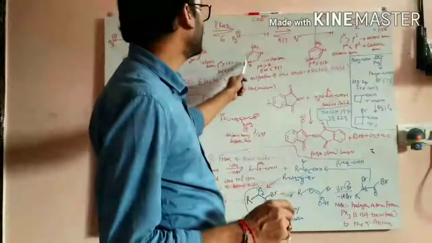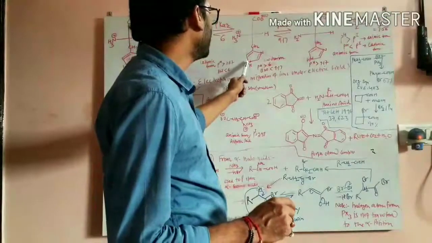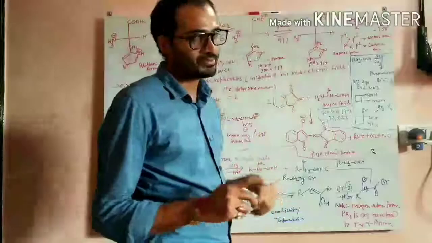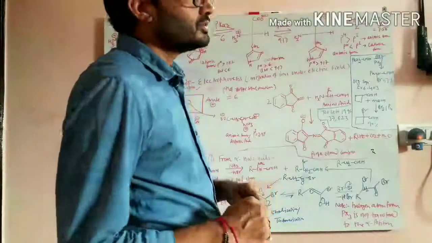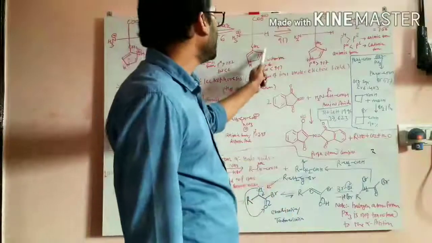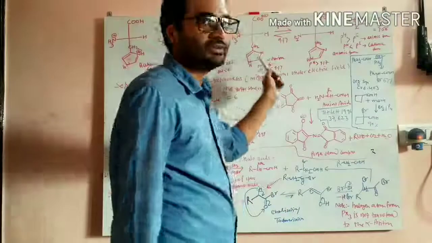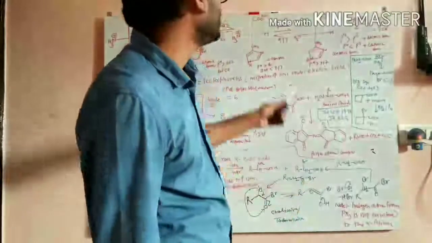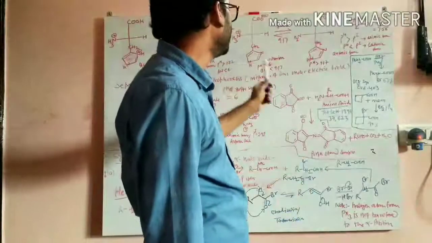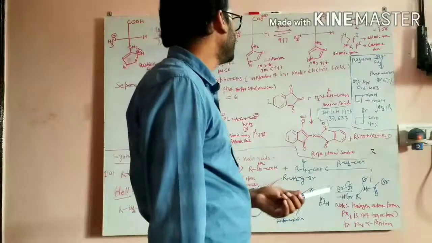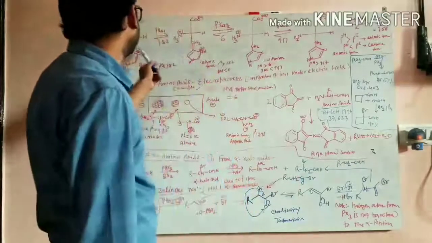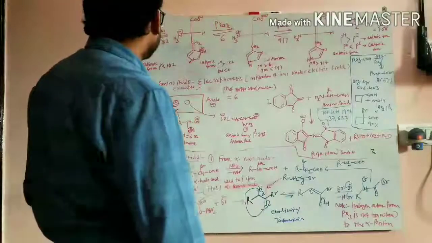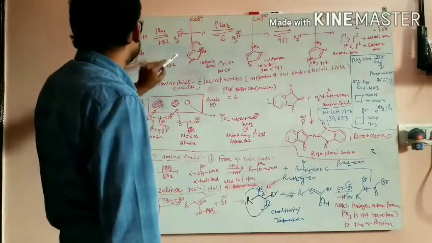However, the lone pair on the pyrrole nitrogen is delocalized for the aromaticity of the 5-membered ring. So this nitrogen is more basic than the other nitrogen, and that's why the protonation occurs here. Okay, this is clear.